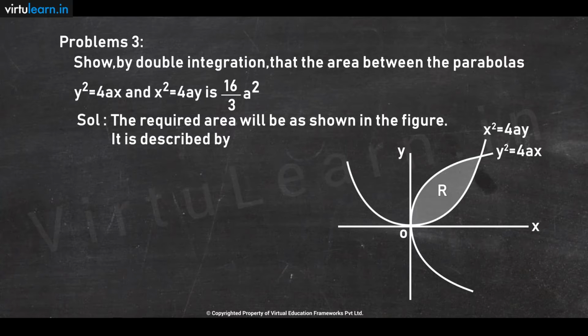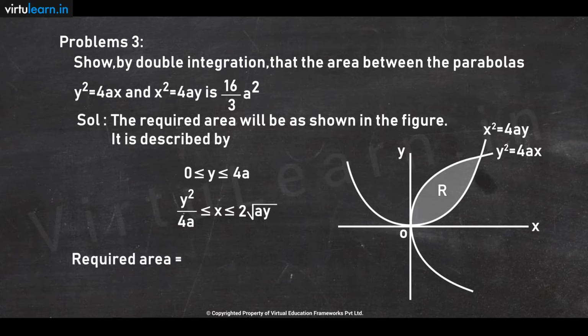So the inequalities describing the region are 0 less than or equal to y less than or equal to 4a, y square by 4a less than or equal to x less than or equal to 2 root ay.